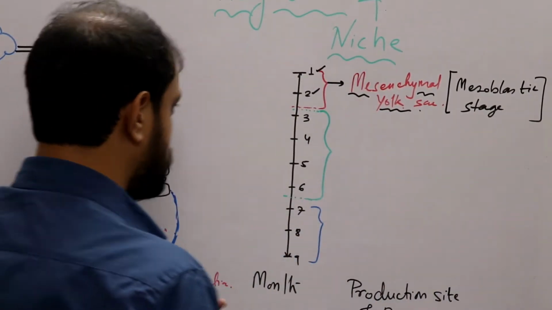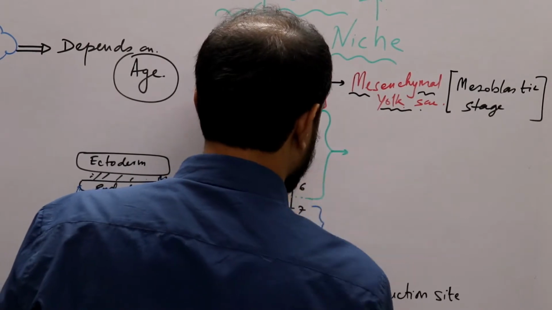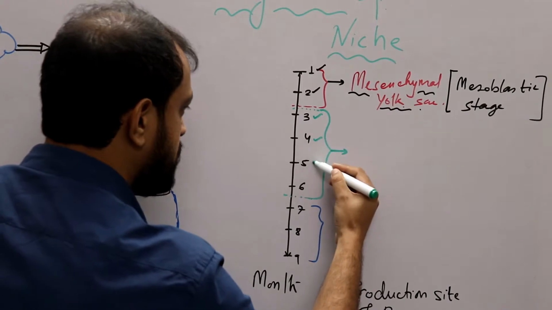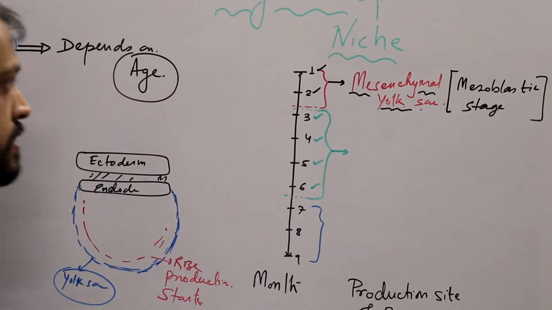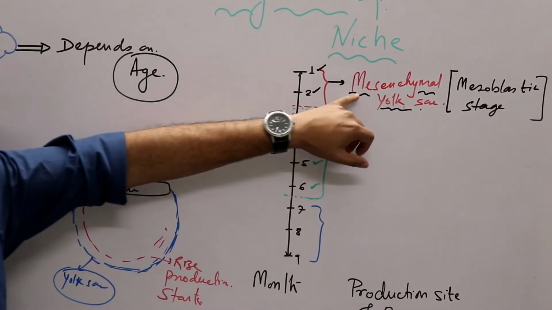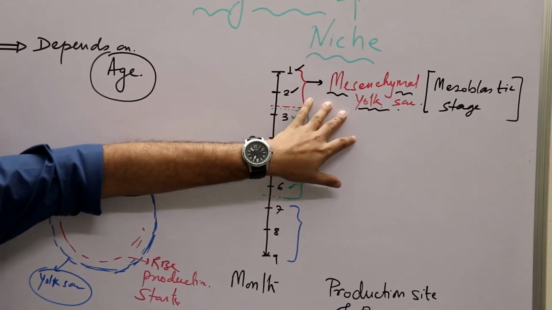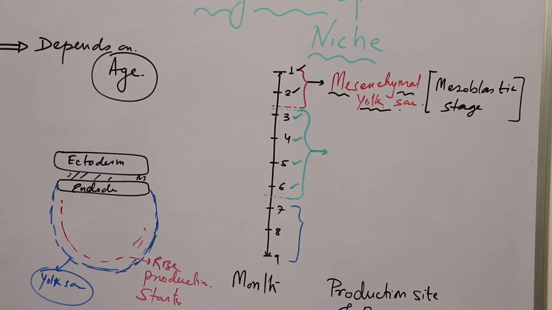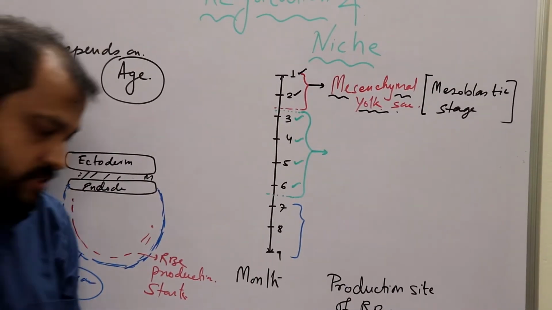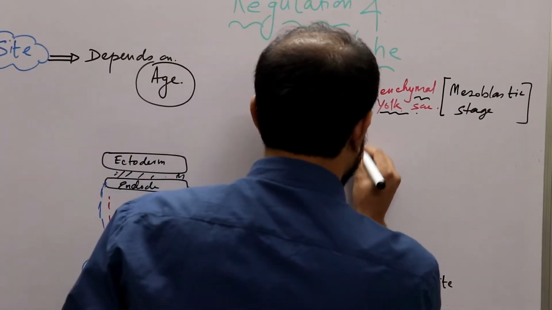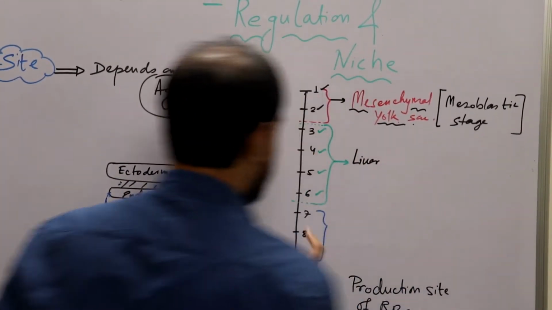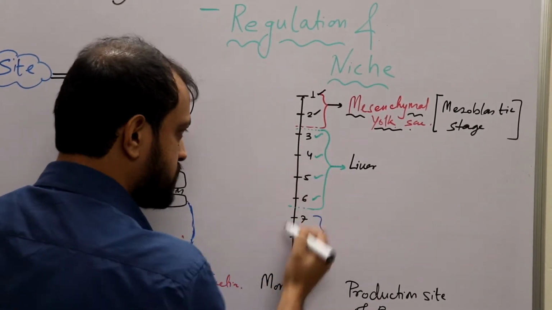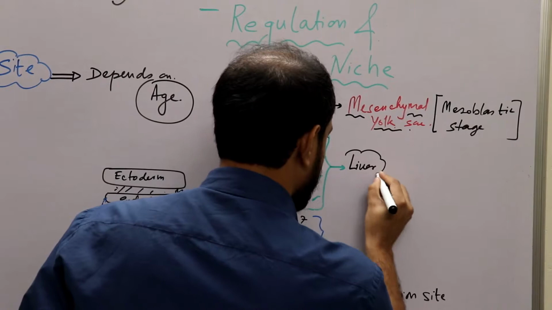Now, in these months, the site of production of RBCs shifts from the mesenchymal yolk sac to the liver. The main site of RBC production during months 3, 4, 5 and 6 is the fetal liver.